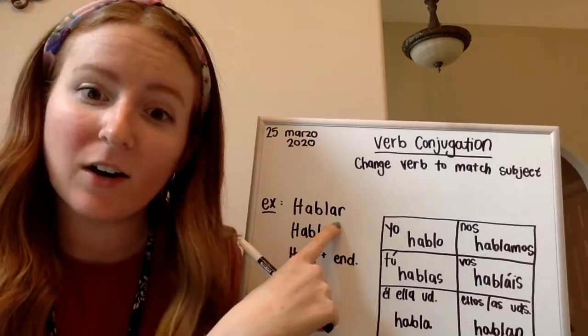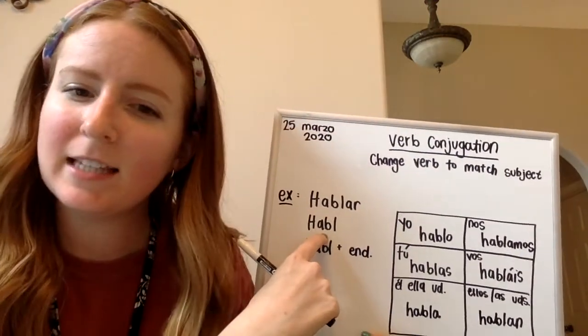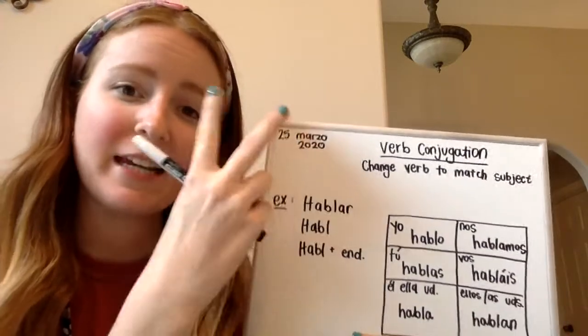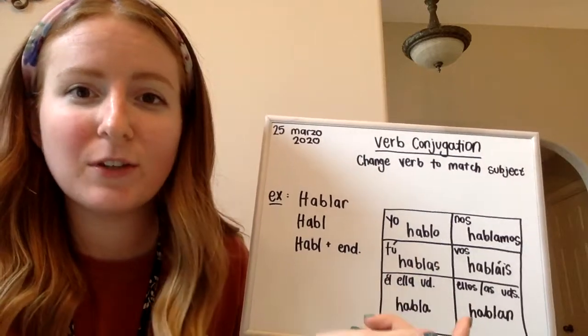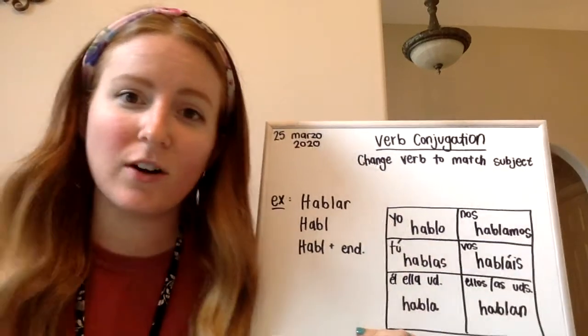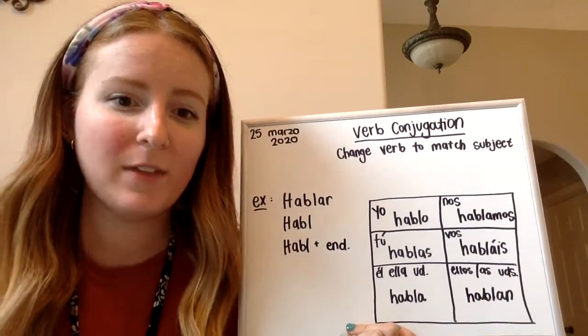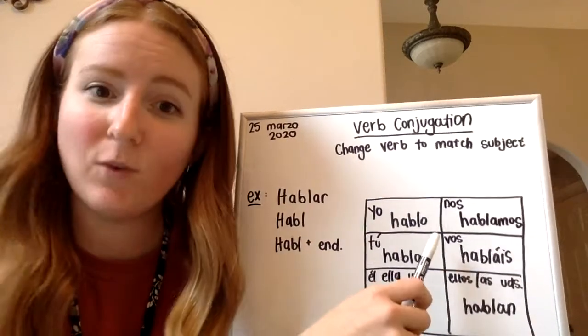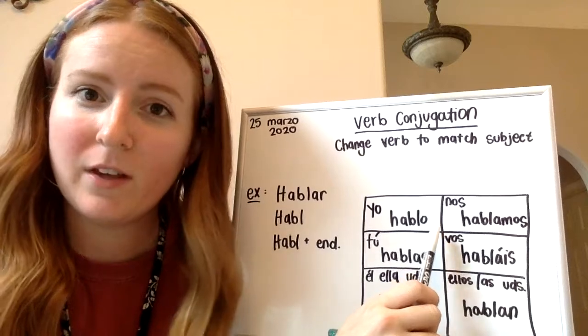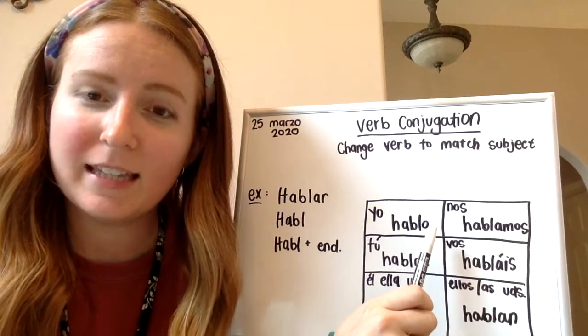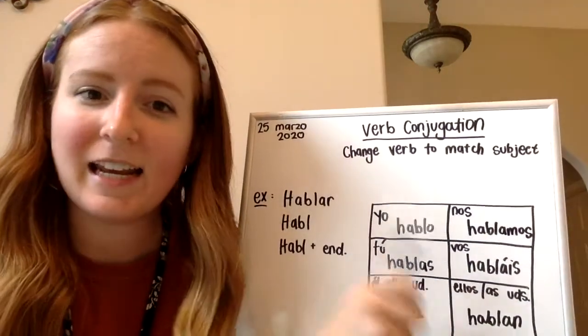So we're going to take the AR off, and we're going to end up with just these letters left over. And the second step is to add the new ending that matches the subject. So if you look at the endings chart in your PowerPoint, you will notice that, for example, the ending that matches the subject yo is the letter O. So we added the letter O in the place of the AR, and now we have the word hablo.